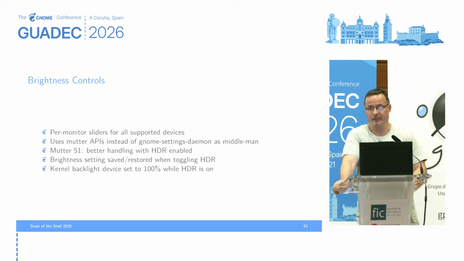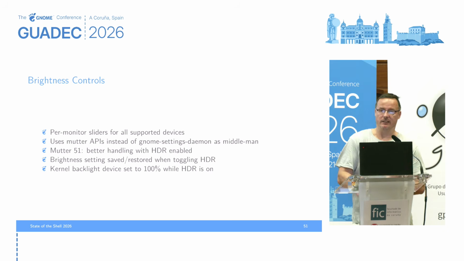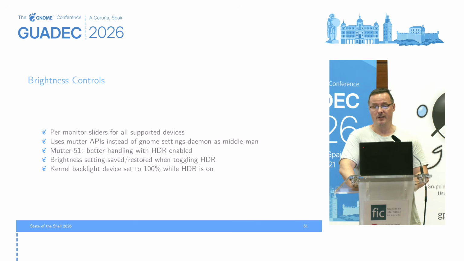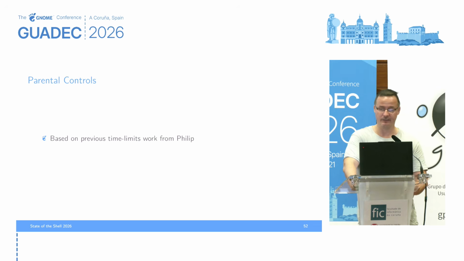But yeah, the HDR brightness now reflects the actual HDR brightness and not the HDR brightness plus the underlying brightness of the monitor, which you can only change when you disable HDR and re-enable it. So it should just make more sense now to users without going into too much detail.